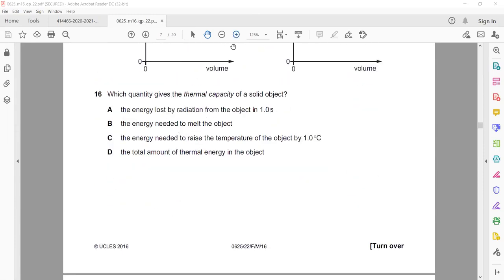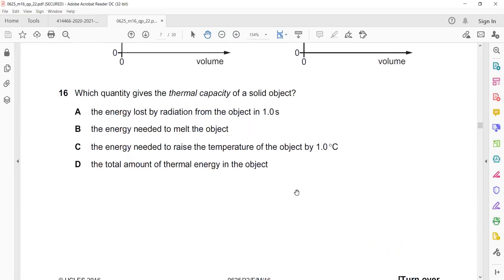Question 16. Which quantity gives the thermal capacity of a solid? Definition of thermal capacity.